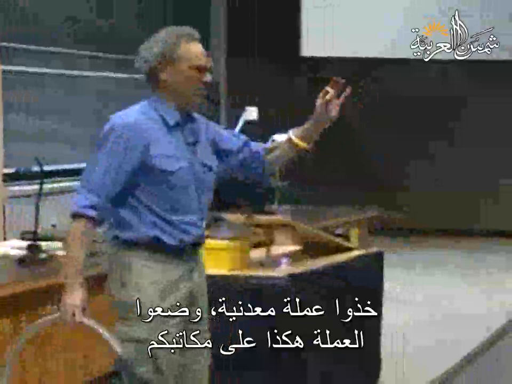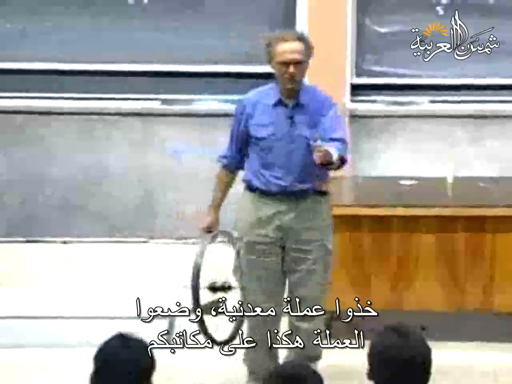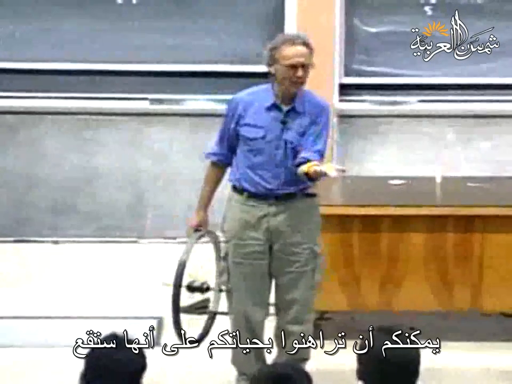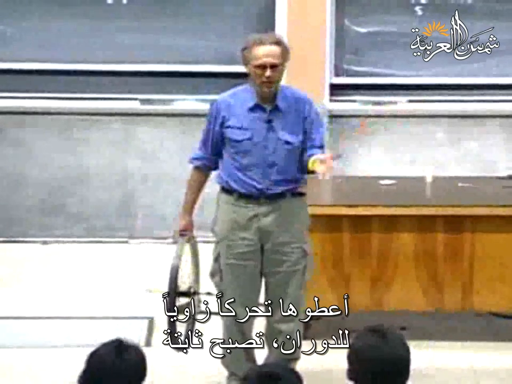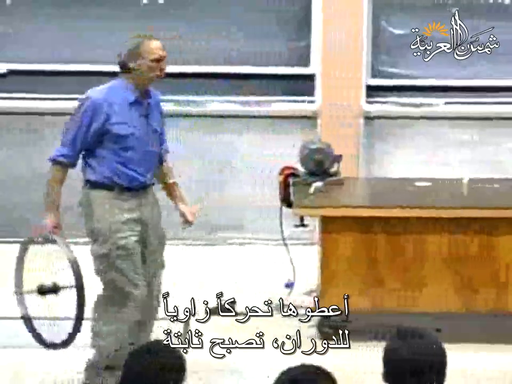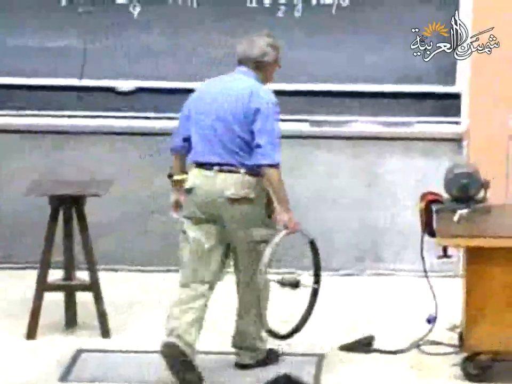And it's not only a bicycle wheel. Look, nicely stable. You take a quarter, and you put a quarter like this on your desk. You bet your life it will fall. Roll it, becomes stable. You give it spin angular momentum, it becomes stable. Take a top.